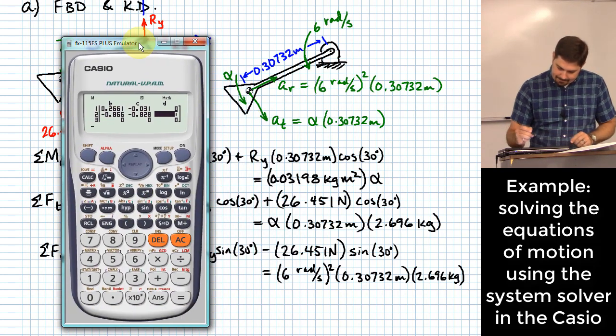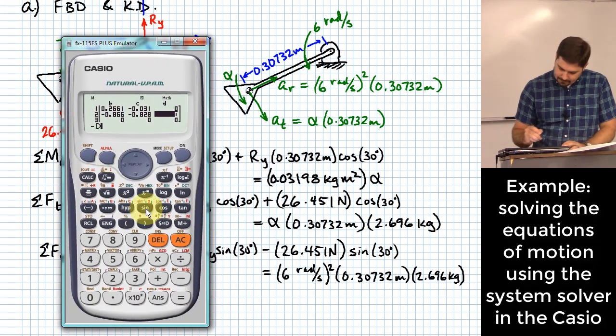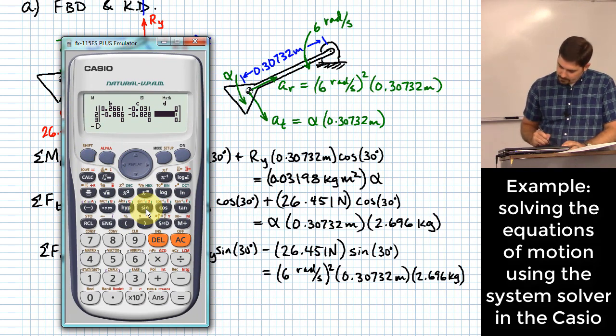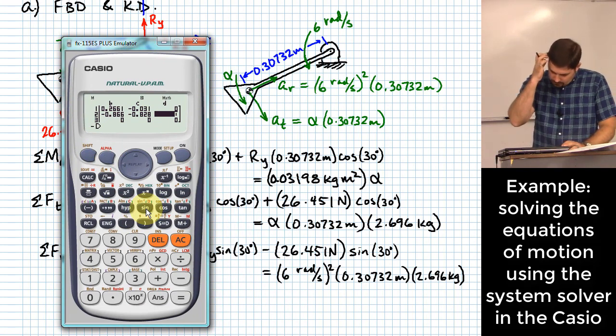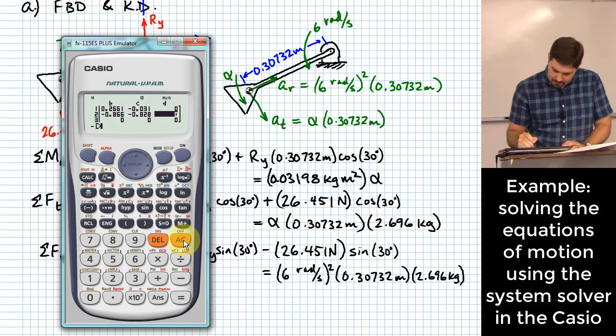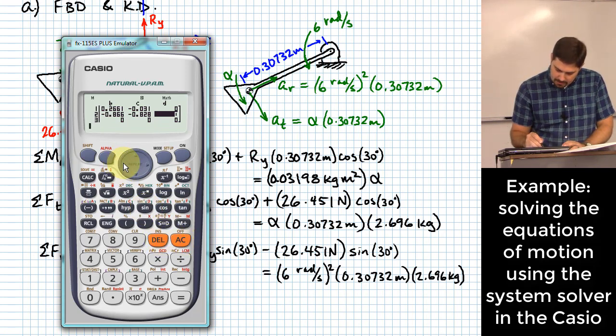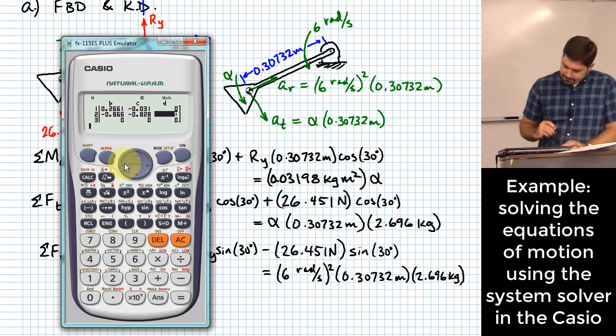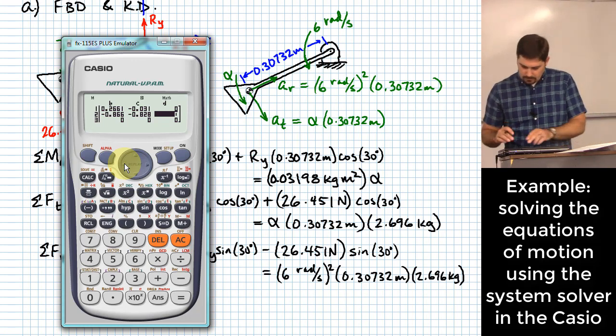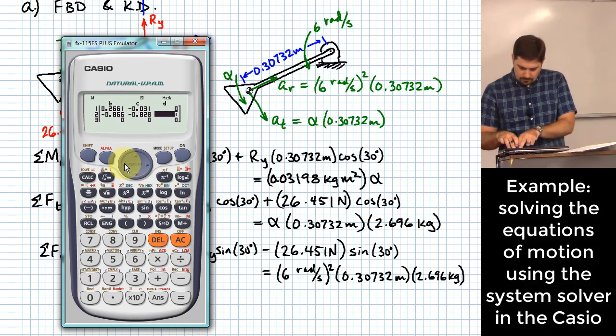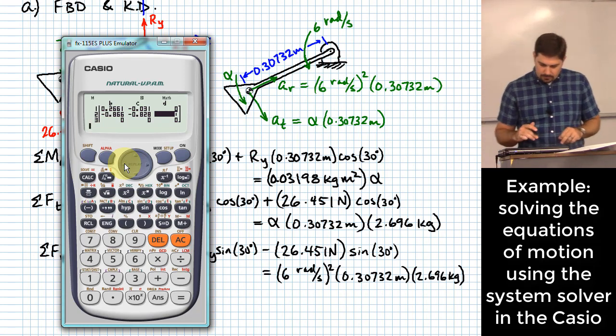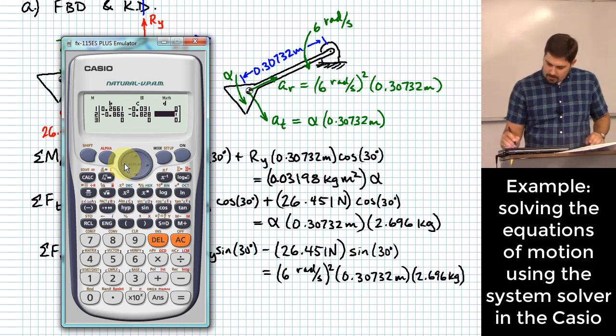For that last one, did you multiply by the radius and the width of the mass? Did I not do that? Let me go back to that one and make sure, because A plus B was the 2.696. We'll try this.